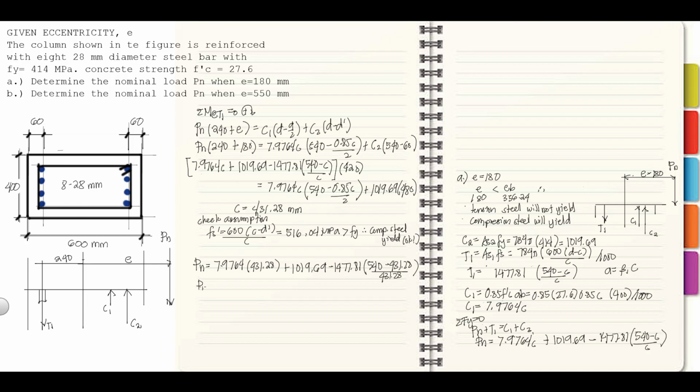Okay, so we'll have Pn is equal to, ito na natin, basta Pn ko is 4,087.22 kilonewton. So this is our answer for letter A.